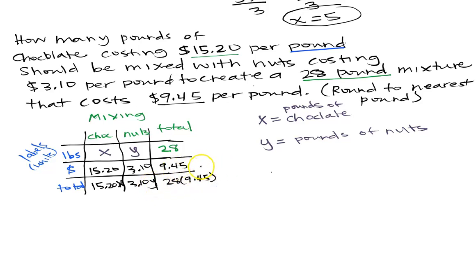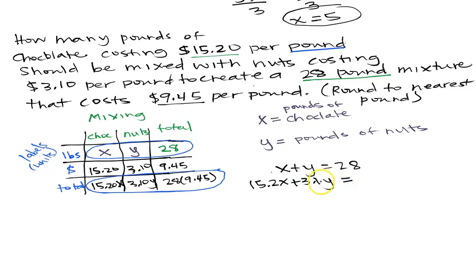And now these are going to give me my two equations. So this top line is my first equation, and this bottom line is my second equation. My first equation is just going to be x plus y equals 28. And then my second equation is going to be 15.2x plus 3.1y equals 28 times 9.45.